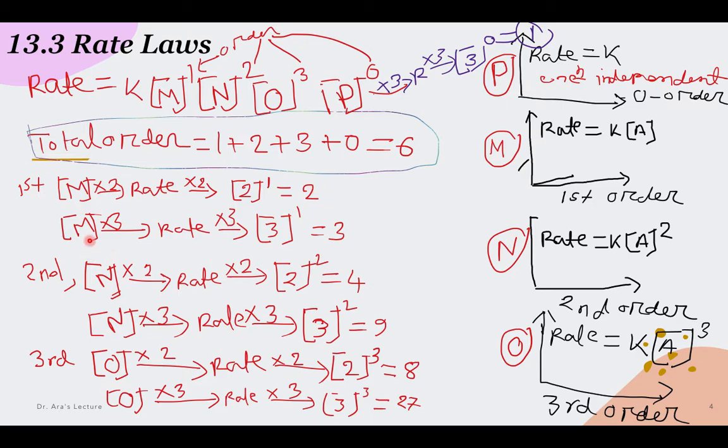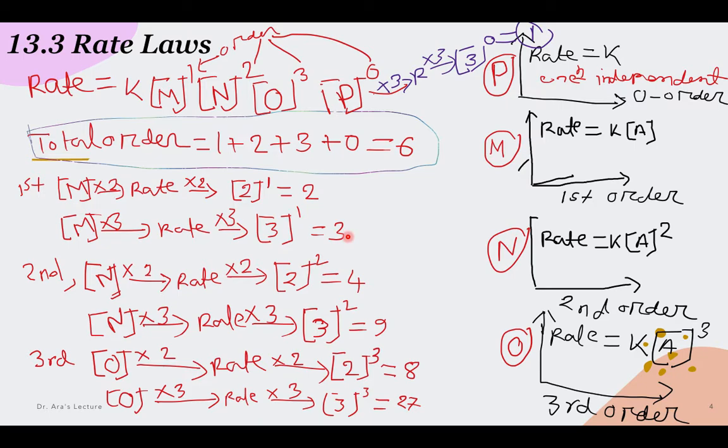Similarly, if we increase the concentration 3x, the rate is calculated by putting in concentration of M as 3, and 3 to the power 1 equals 3.